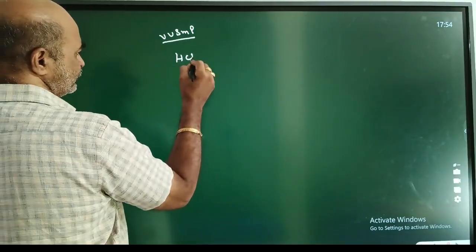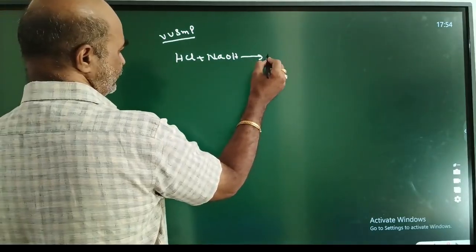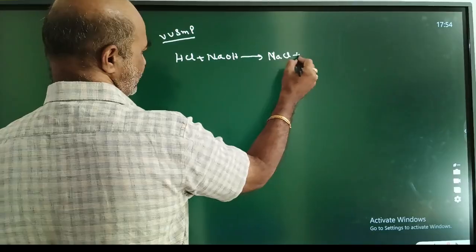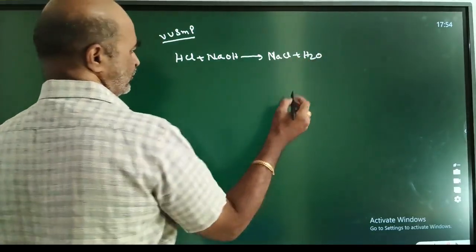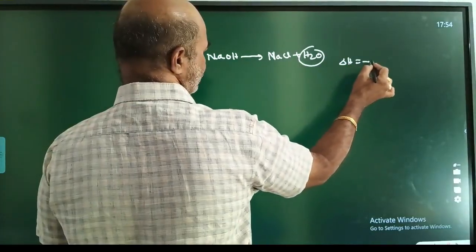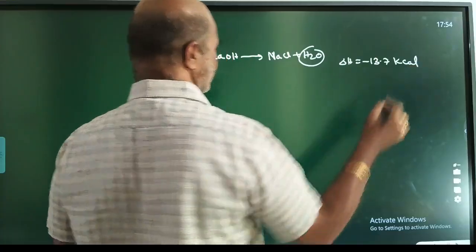For example, HCl plus NaOH gives rise to NaCl plus H2O. So here 1 mole of water is formed. Enthalpy of neutralization is equal to minus 13.7 kilocalories per mole.